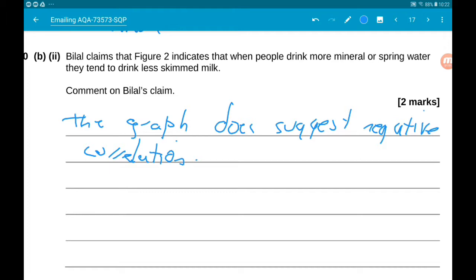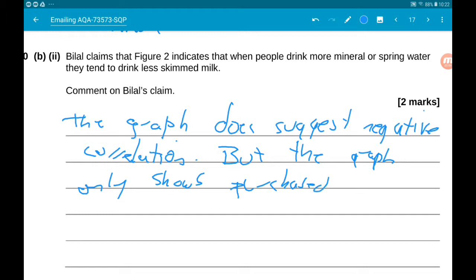So I would then say, but the graph only shows purchased quantities per region, not per person.